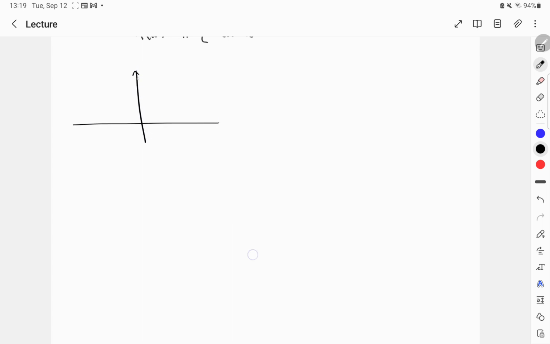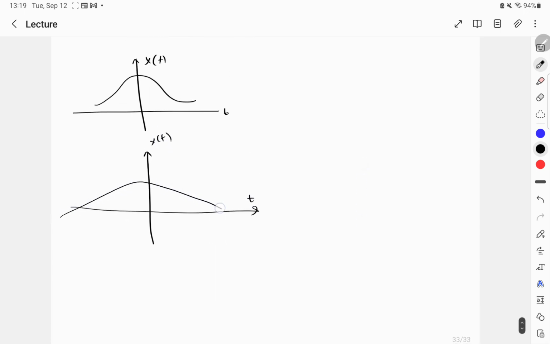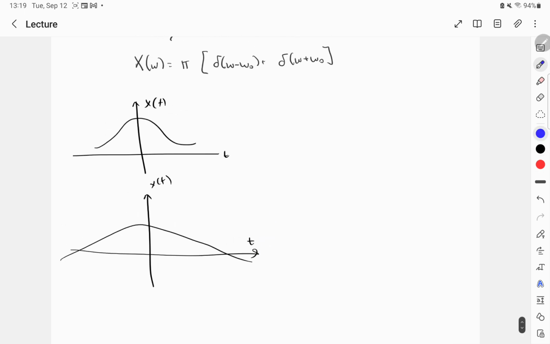For example, we have a time domain signal like this, and then we have another time domain signal like this. Okay, it's enough this much.